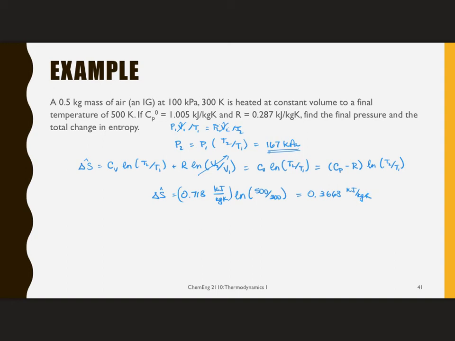We want the total change, so we're going to take mass times the specific change. And so 0.5 kilograms times 0.3668 kilojoules per kilogram Kelvin, we end up with 0.1834 kilojoules per Kelvin.